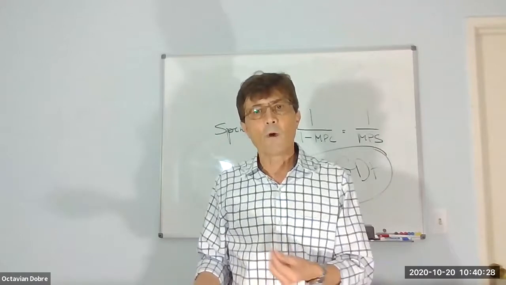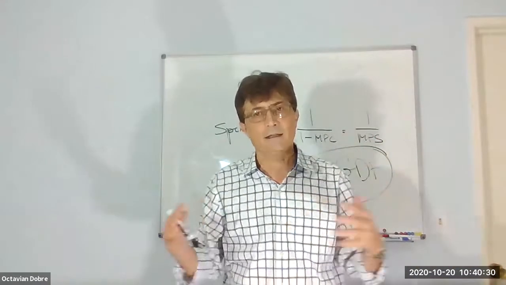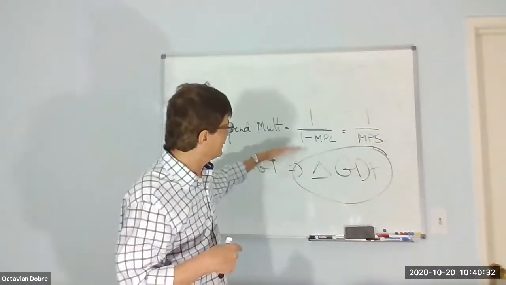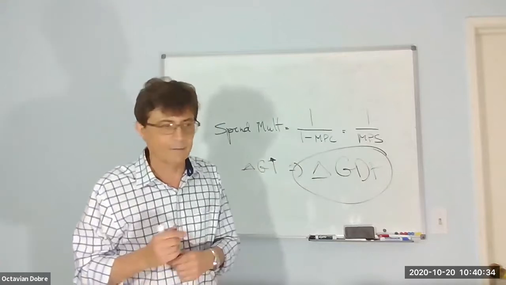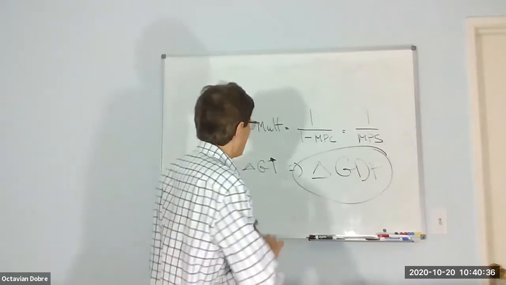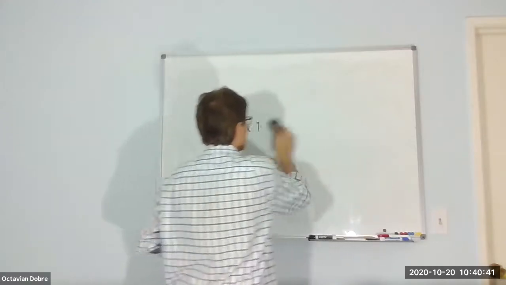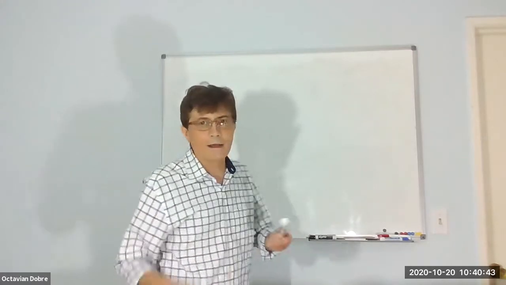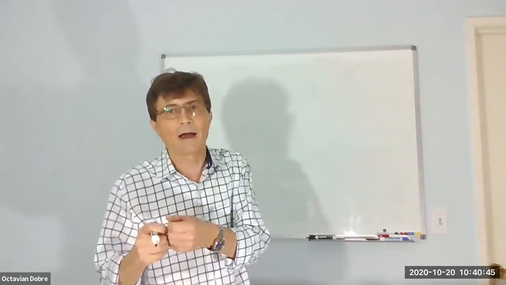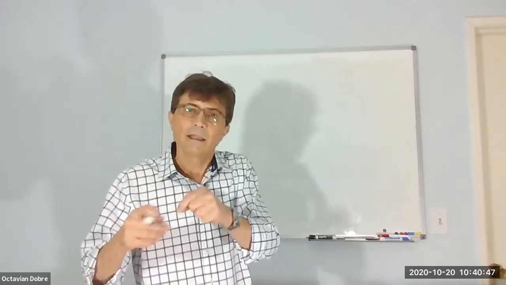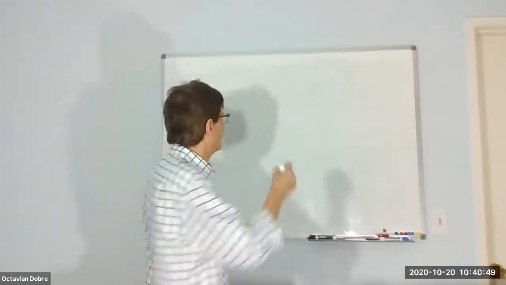So what is working against it? What is slowing down this multiplying effect? Here I'm going to be talking about why the actual multiplier is less than the theoretical multiplier.